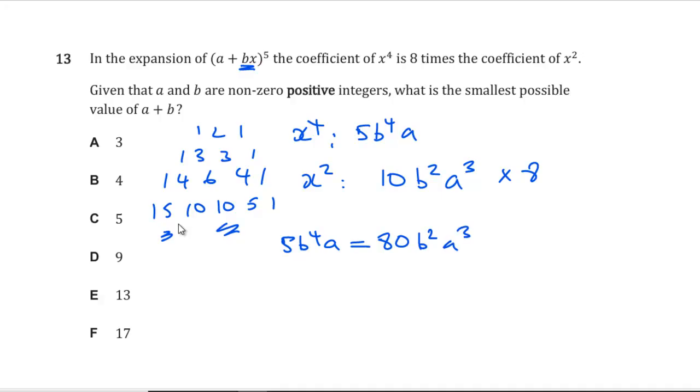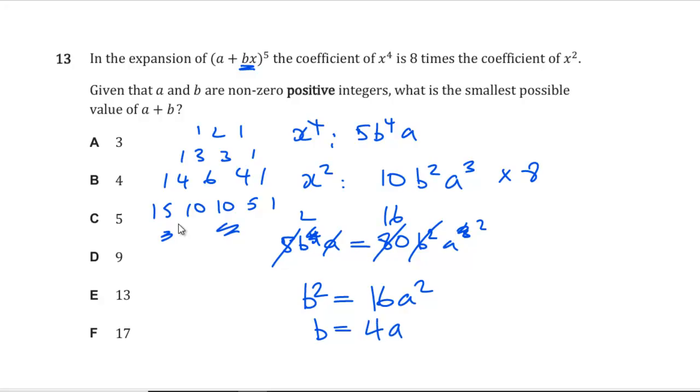Right, so a and b are non-zero positive integers. Excellent. Get rid of those and that. Get rid of that and that. So I can make that 16. So I've got b squared is 16a squared. So b is 4a. And I want the smallest possible value of a plus b.